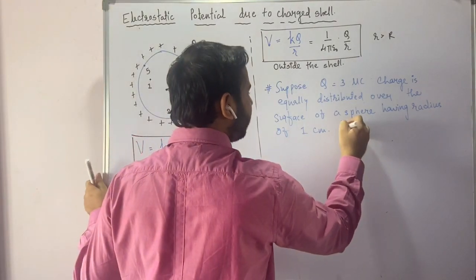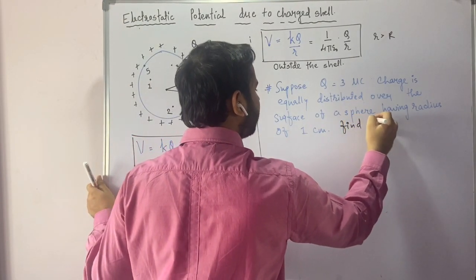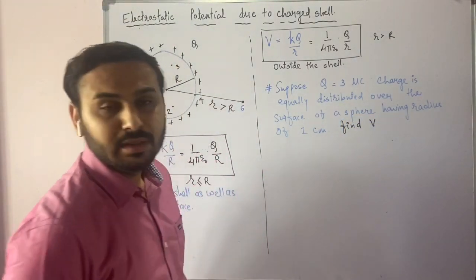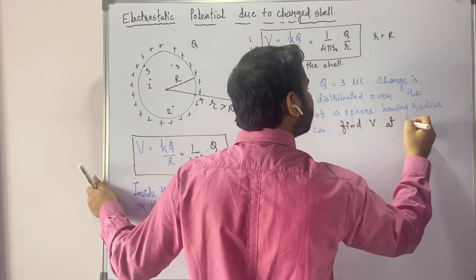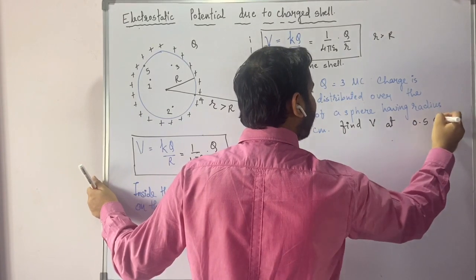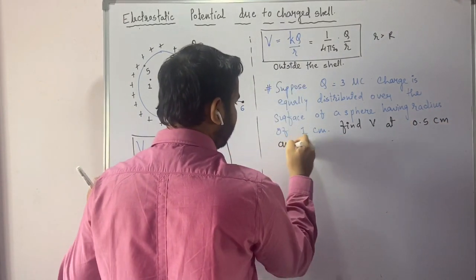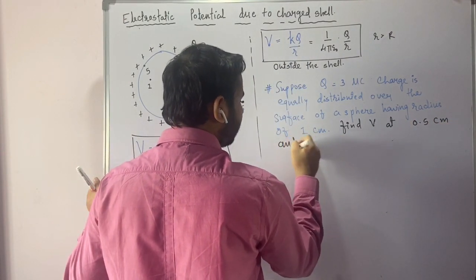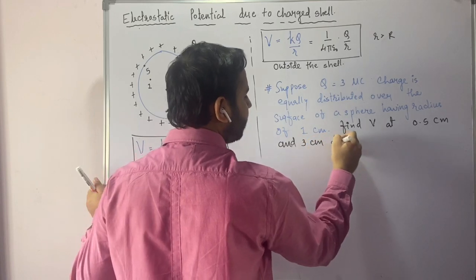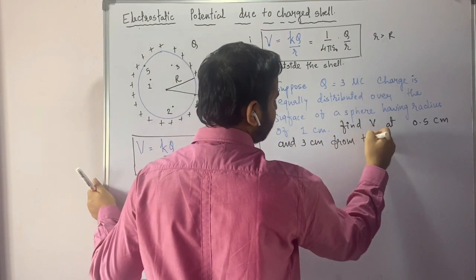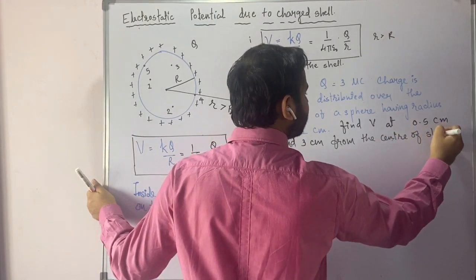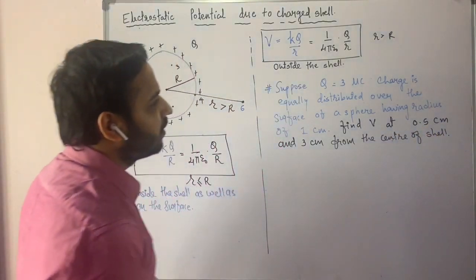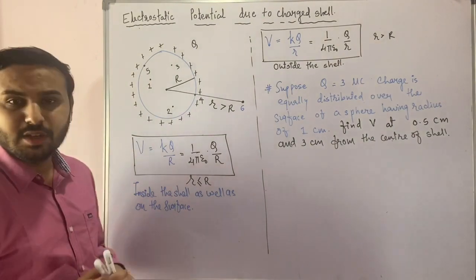Find V, the electrostatic potential at 0.5 centimeter and 3 centimeter from the center of the shell. Okay, this is your question.